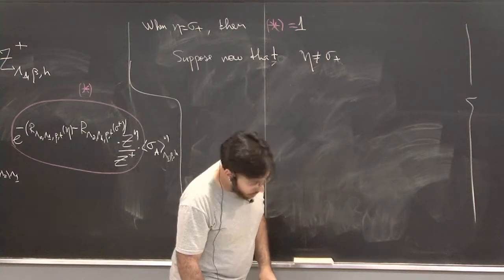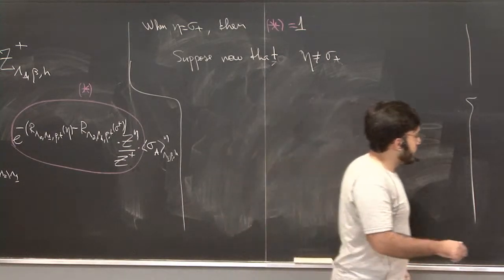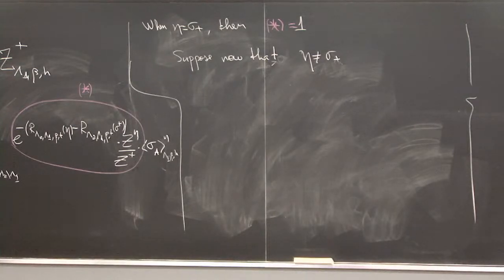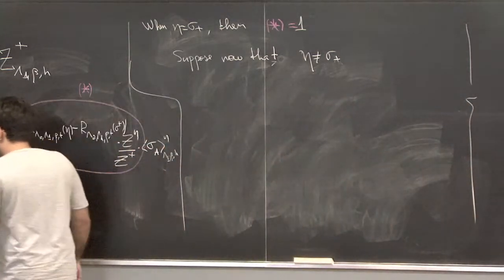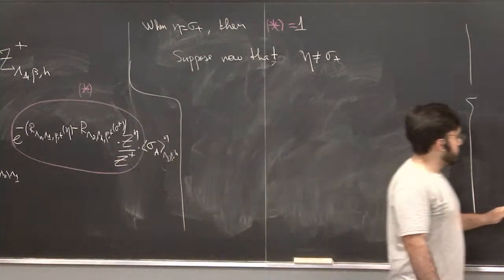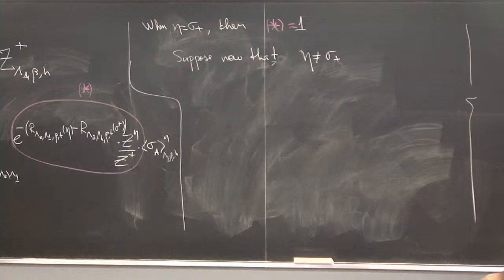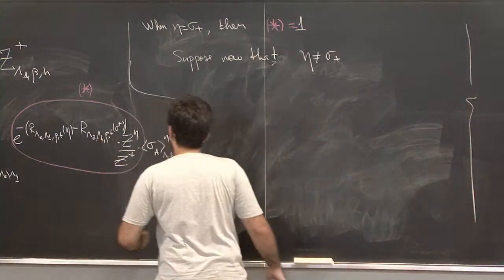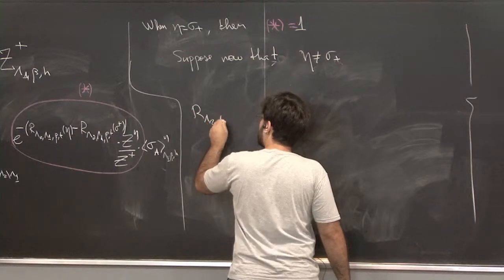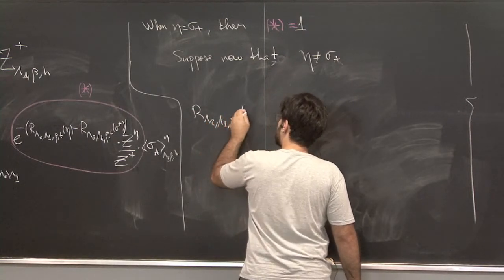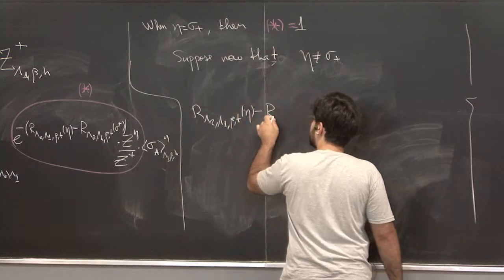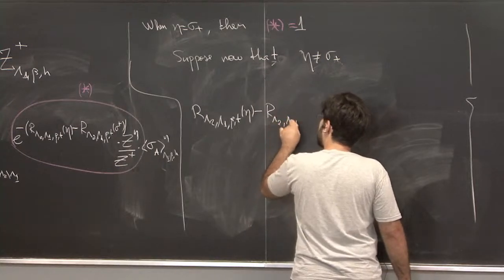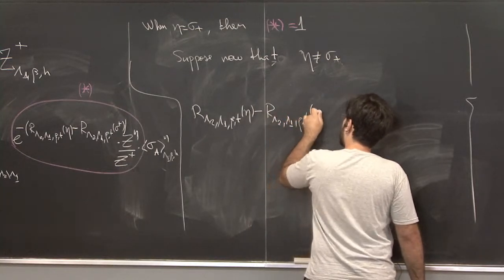So when I look to the remainder, this expression right here, and I'm looking to this difference right here, the difference between eta lambda 2 lambda 1 beta t and sigma plus.